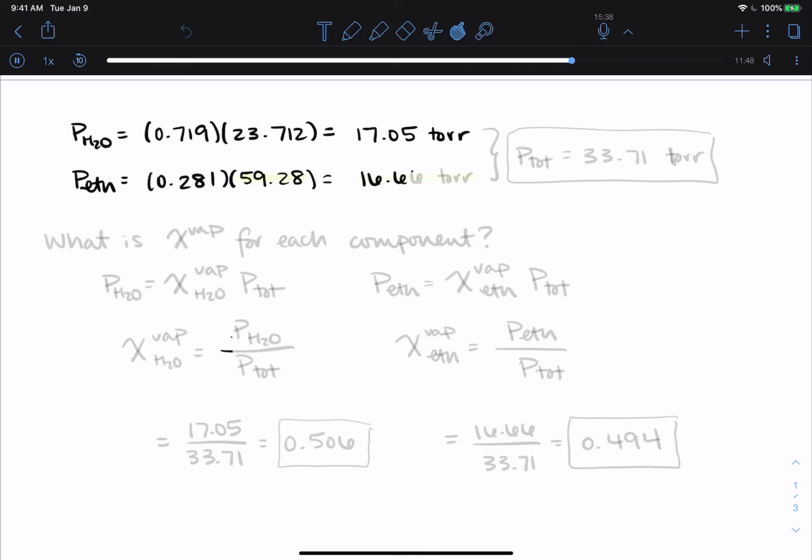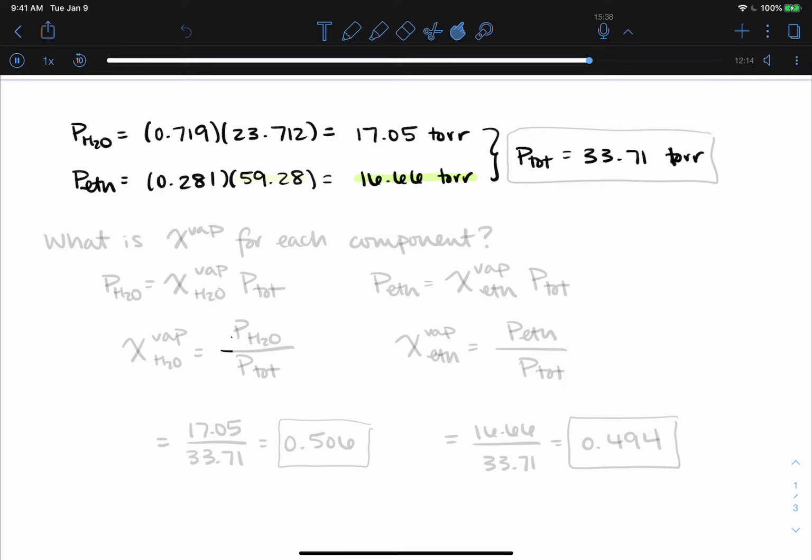And so my pressure over solution of ethanol is 16.66, which means that my total is just the sum of those, which is 33.71 torr.